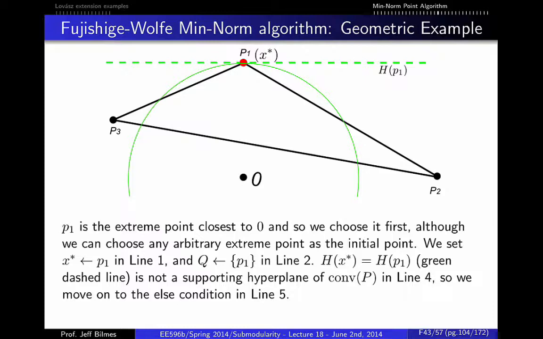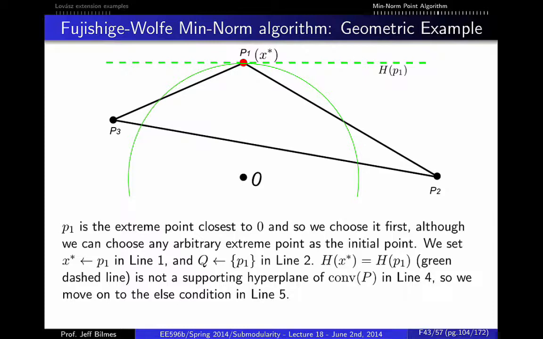And so P1 in this particular example, as we've chosen in red, is in fact that closest one. But in general, that itself can be done arbitrarily. You can choose any vertex. And in fact, when you look at the min norm for the submodular function case, you just choose any arbitrary vertex. You don't have to choose the closest one. Since that problem already, line 1 is hard. But as soon as you do it arbitrarily, it becomes easy.